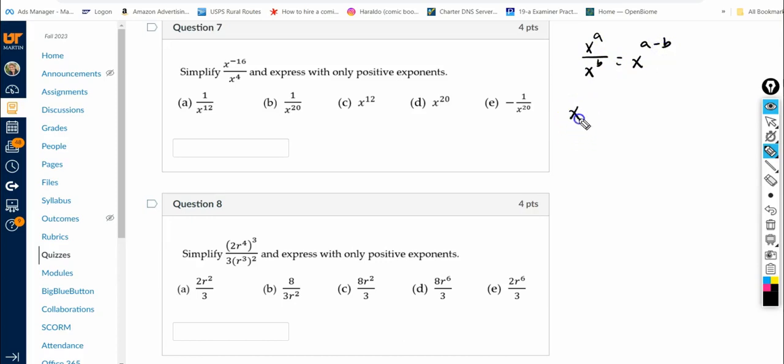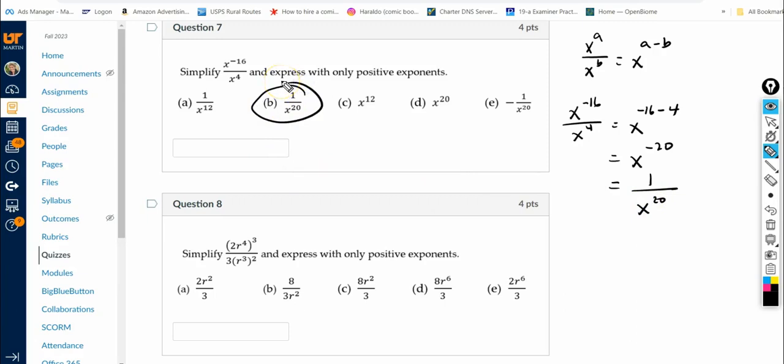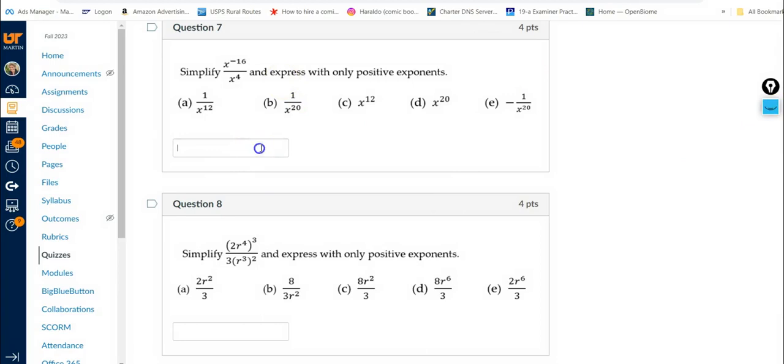So if I have this over that, it's going to be x to the power of the exponent in the numerator minus the exponent in the denominator. And that's going to be x to the minus 20th. And then to write it with only positive exponents, it's going to be 1 over x to the 20th. So that's the one we want. So I'm going to write B.